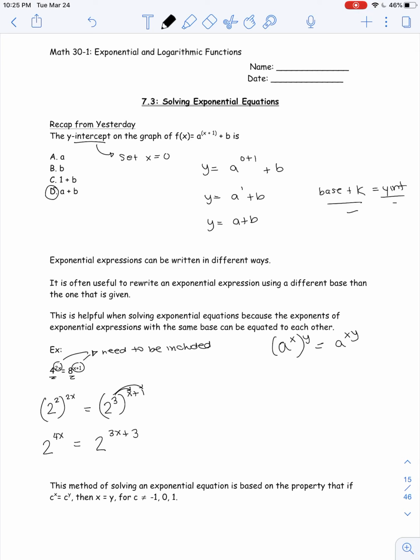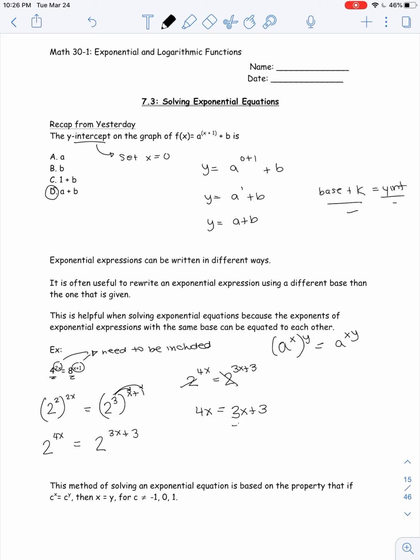What is cool about this method is if the two bases are equal to each other and there's only one on each side, so I have 2 to the 4x equals 2 to the 3x plus 3, these bases will cross each other off, because if they're equal, then the powers are equal to each other, which means we can eliminate that base and just work with the powers.